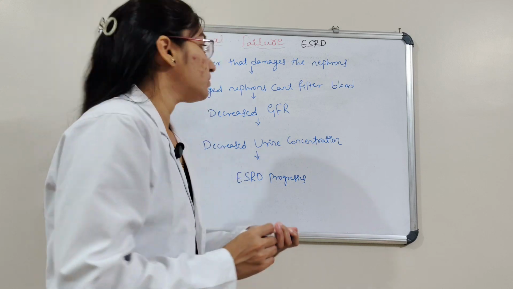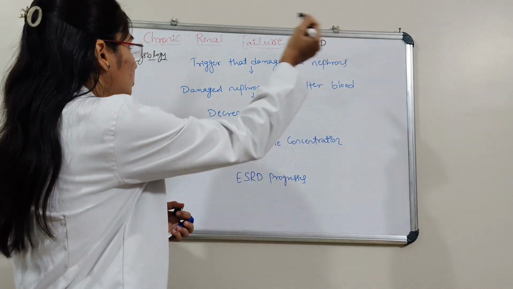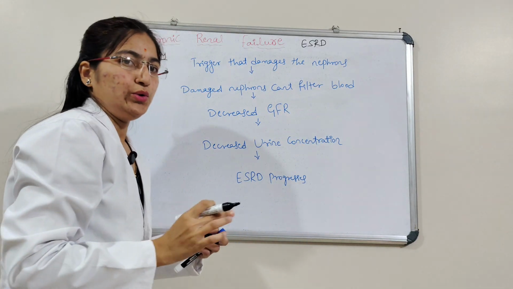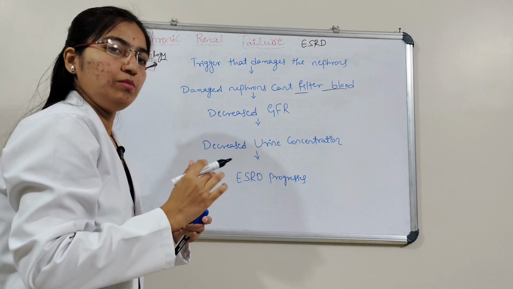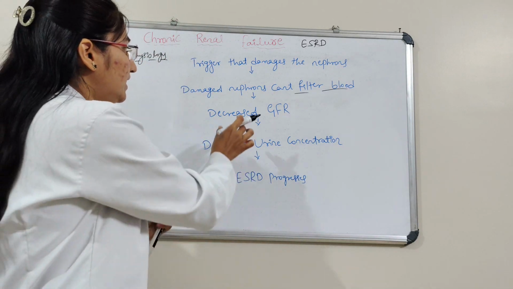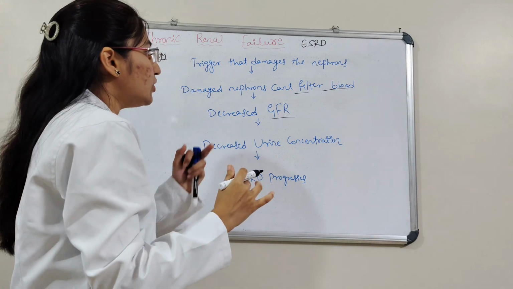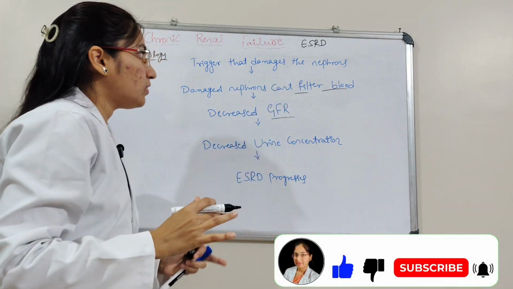Next, we will discuss the pathophysiology of chronic renal failure. Here, first and foremost, the trigger damages the nephron. Due to that, the damaged nephron can't filter blood. That's what happens here. GFR, glomerular filtration rate, is going to be decreased due to the damage of the nephron, as well as there will be no filtering of blood.